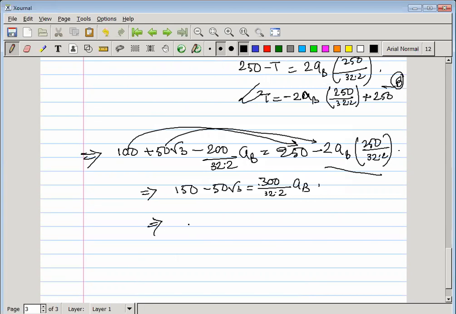So please calculate this one. Anybody please calculate this one: 150 minus 50 root 3, into 32.2 by 300.